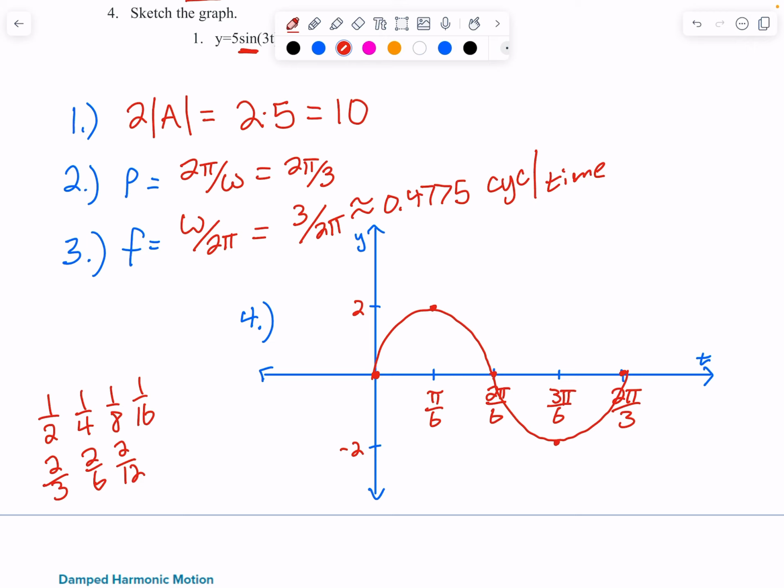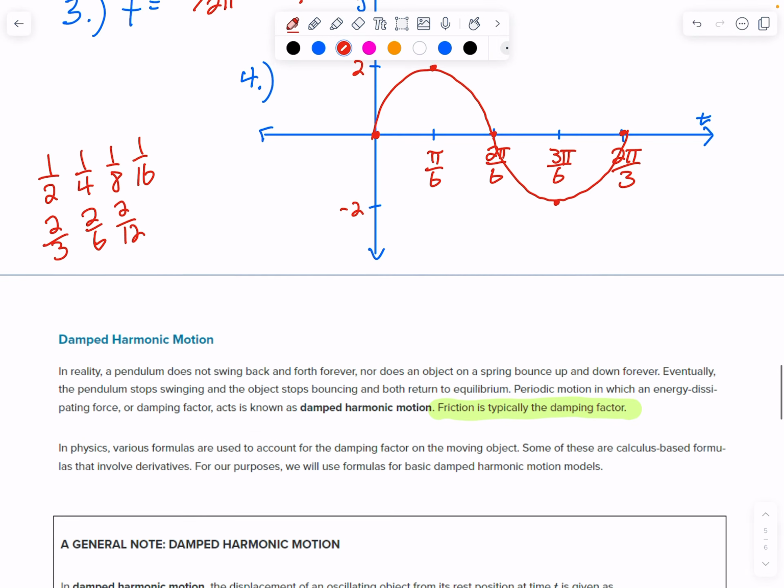All right, well, the reality is, dealing with harmonic functions, there is some kind of dampening force or some kind of restoring force. In most cases, it is friction that is slowing things down. In our spring problem, the forces applied would be our friction and our gravity, stuff like that.